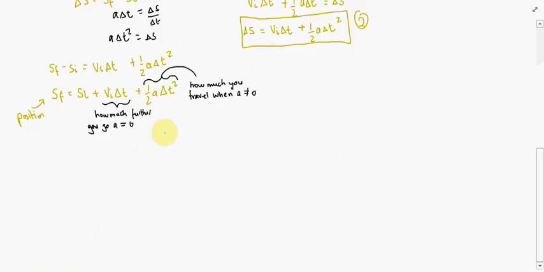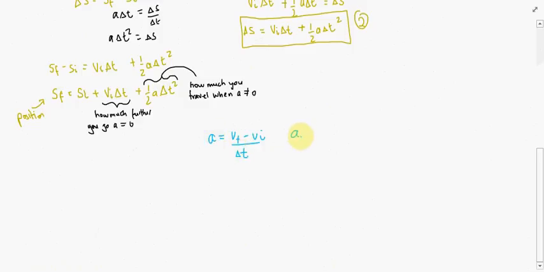Okay, so the next one says that acceleration, which we've already derived, is equal to the final velocity minus the initial velocity over time, right? This delta t. Okay, so if I rewrite this in the form of delta t, I can bring that up there.